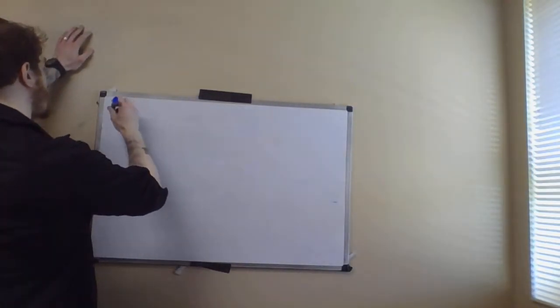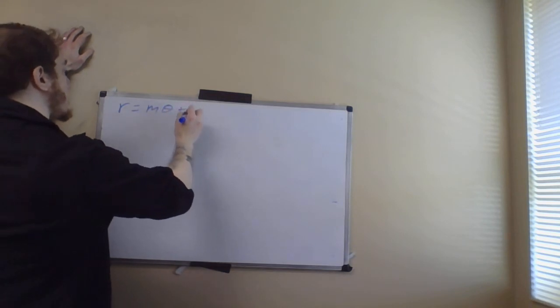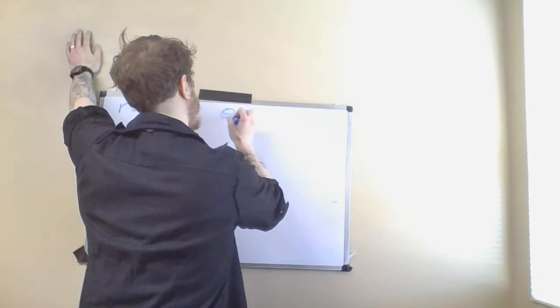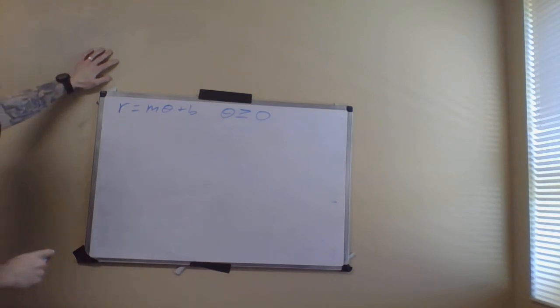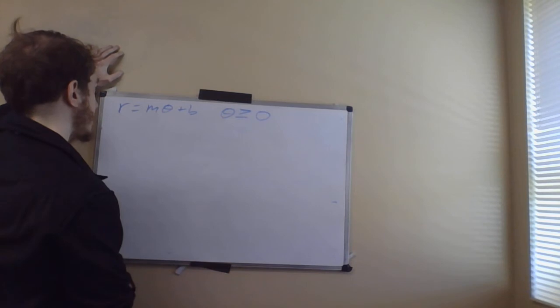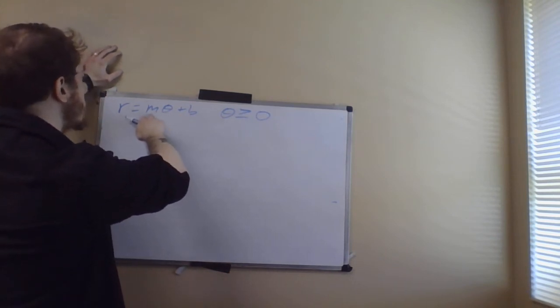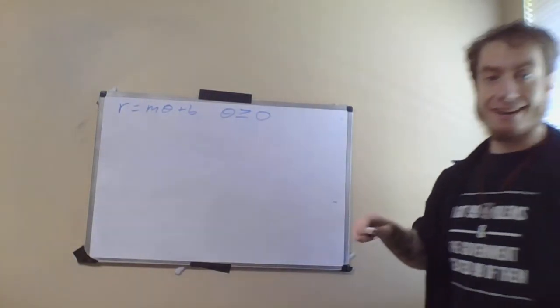So if I have something like r is equal to m theta plus b, and for the sake of simplicity, let's restrict ourselves to theta bigger than or equal to 0 for the moment. What is this thing going to be? Well, it's going to be a spiral that starts at a radius of b, and then the radius is going to change by a rate of m as theta goes around.